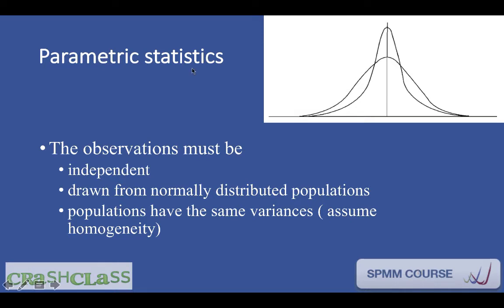Parametric statistics are more robust. The only conditions you have to satisfy for parametric statistics are that the observations must be independent and it should follow a normal distribution. And don't worry about the homogeneity assumptions. It's not important for your exams. So normal distribution is the most important assumption for you to apply parametric statistics.